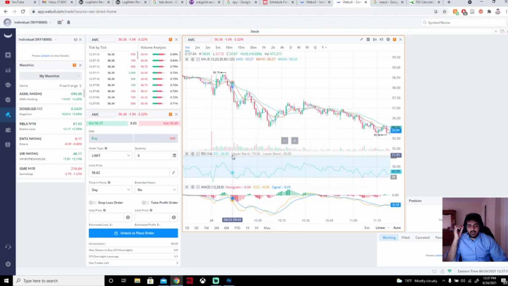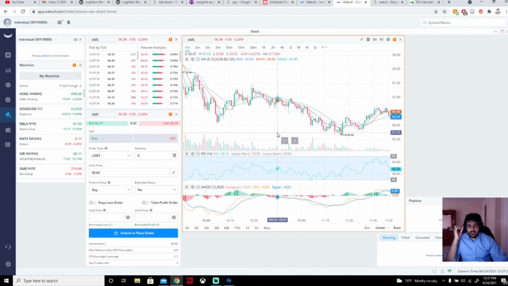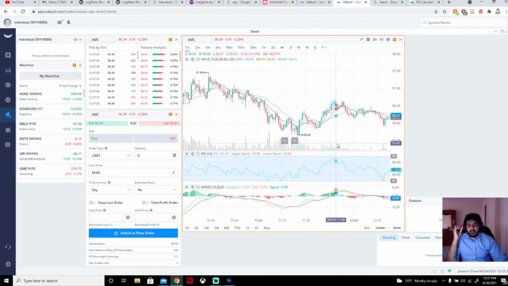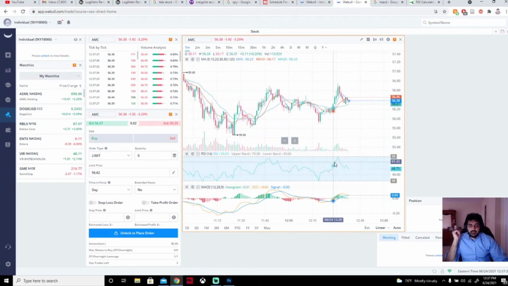So what you want to do is wait for it to level off during the day, wait for a nice dip below on MACD and RSI, and then at that point make a good judgment call to get in. And maybe if you want a consistent gain, wait till the first turn of MACD and sell on first turn of MACD, and rinse and repeat. Day after day, I'm guaranteeing you'll make money. But you have to follow that precisely.